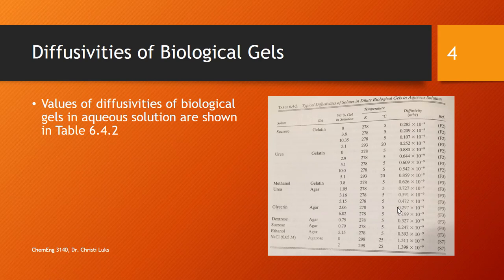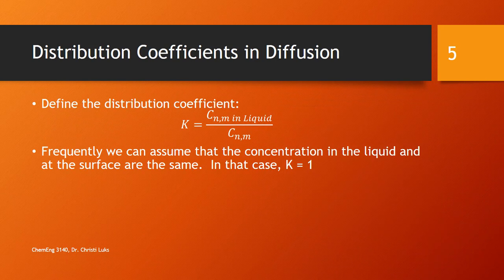Now I'm going to add one last little topic that I need to cover in this chapter, and it's in a section that we're not going to cover until the end of chapter 7. So I want to talk briefly about distribution coefficients. You actually already know this.